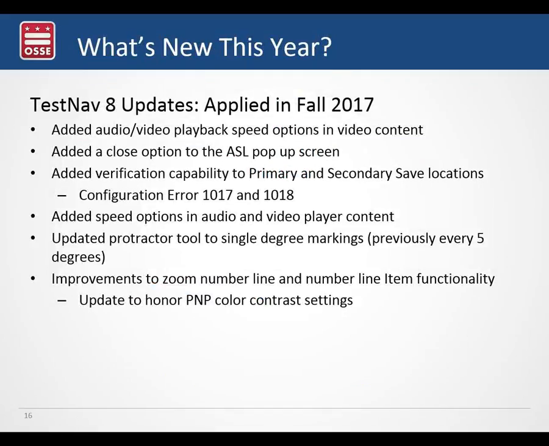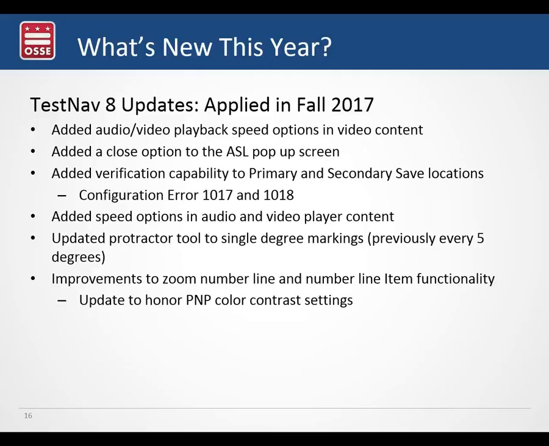For TestNav 8, what was new this year, we applied a lot of these updates in fall of 2017, but if you haven't tested since spring of 2017, you won't have seen these features, or your students won't have seen these features quite yet. Added audio and video playback speed options in the video content. So there'll be a little icon that allows you to change those playback speeds.